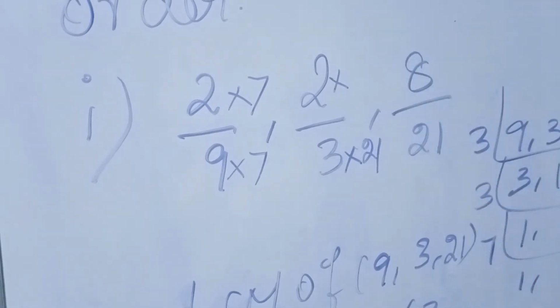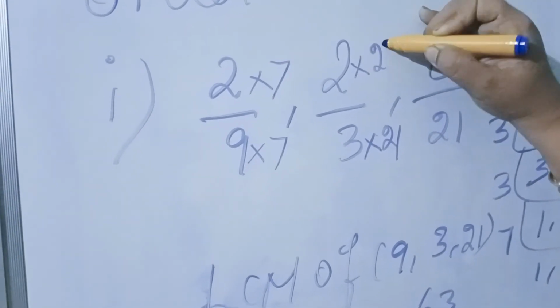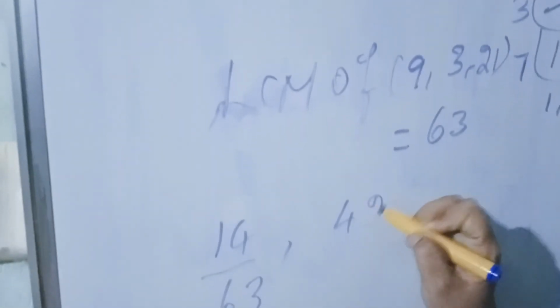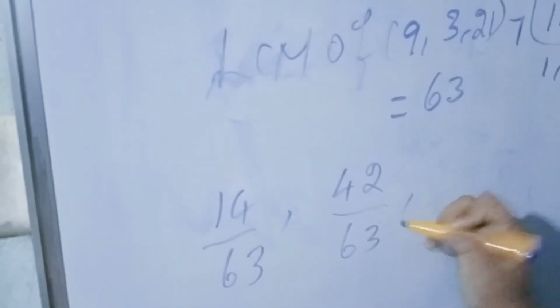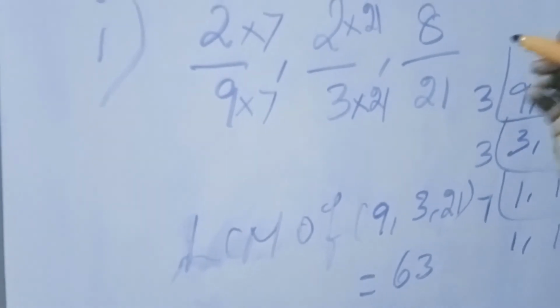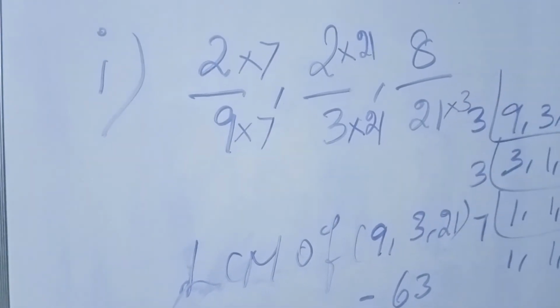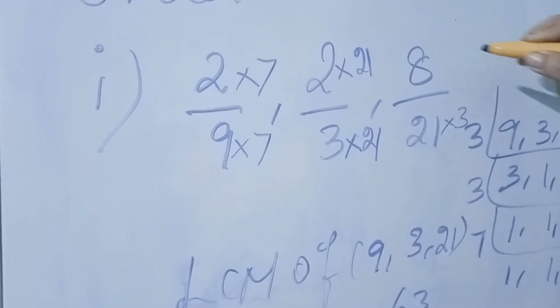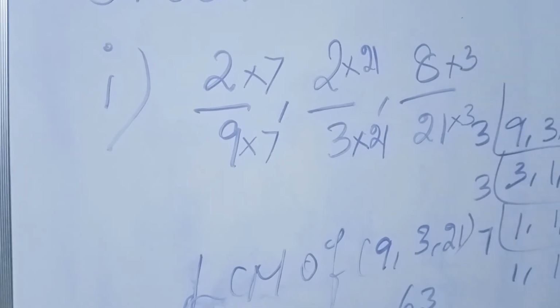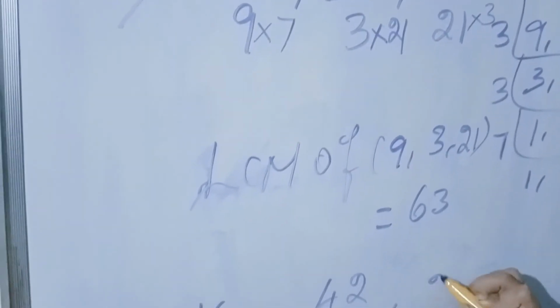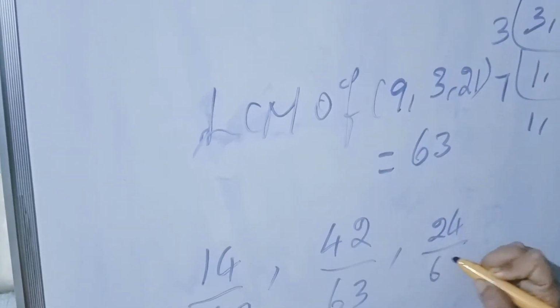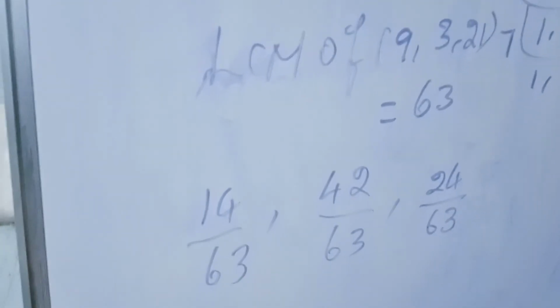The same number you multiply here. So 42 by 63. Next one, 21: here we have to multiply with 3 to get 63 in the denominator. The same number you multiply in the numerator also. So 24 by 63.